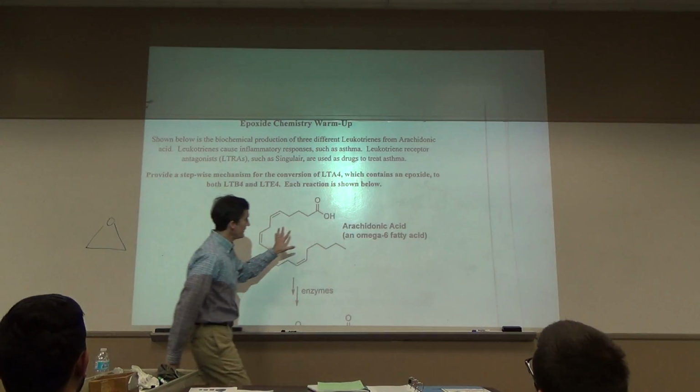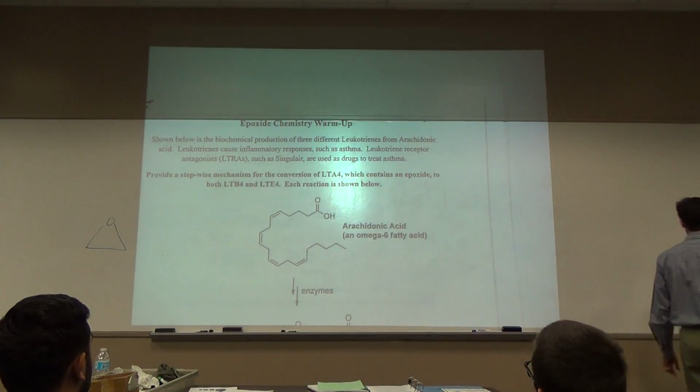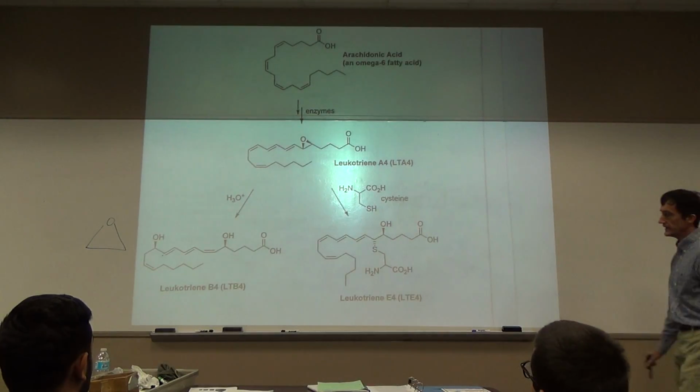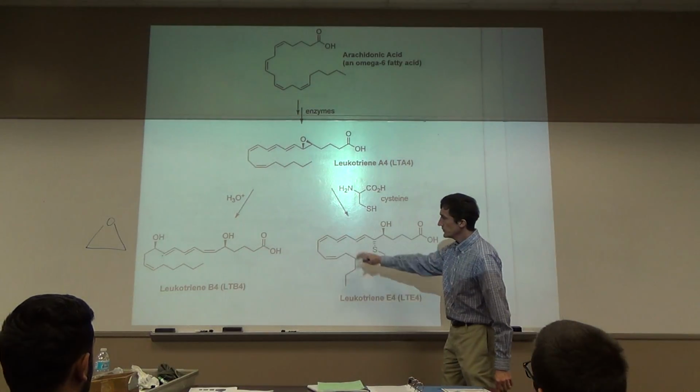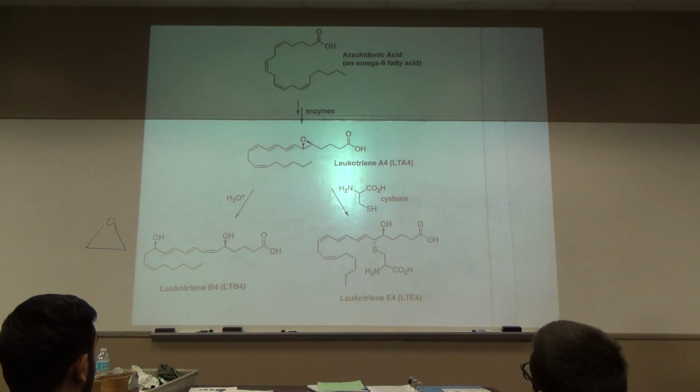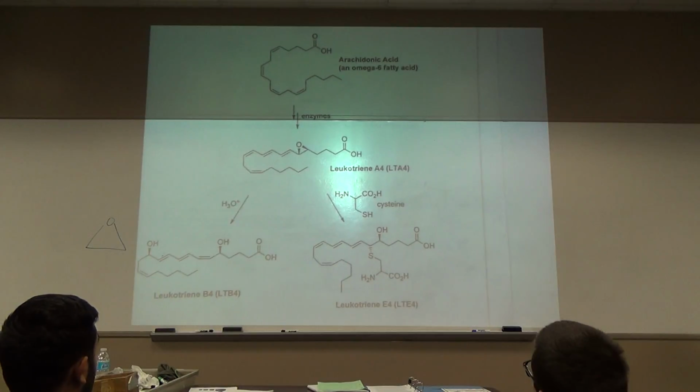Okay, some warm-up here. This is arachidonic acid. It's a precursor to your body making things like leukotrienes, which are important in biochemical processes, inflammation, and some immune responses.